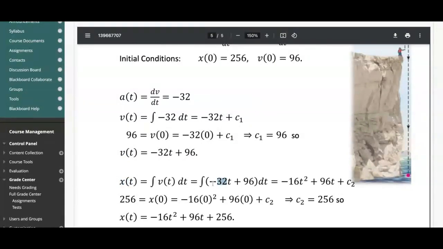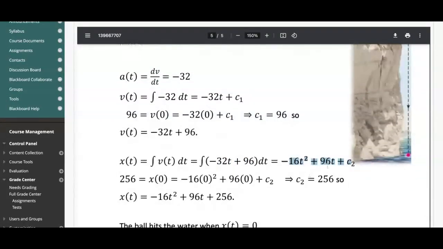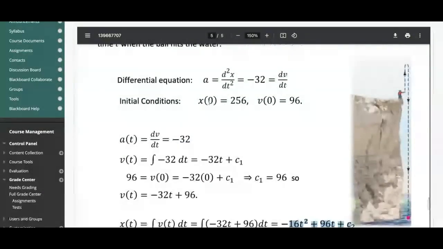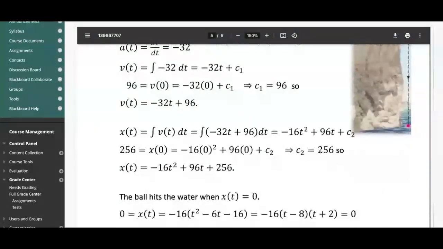We integrate negative 32t plus 96, a linear function, and we get a quadratic function: negative 16t squared plus 96t plus a constant. Then we use the initial condition, 0, 256, to solve for the constant. The constant is 256. So we see the original function is a downward parabola again.